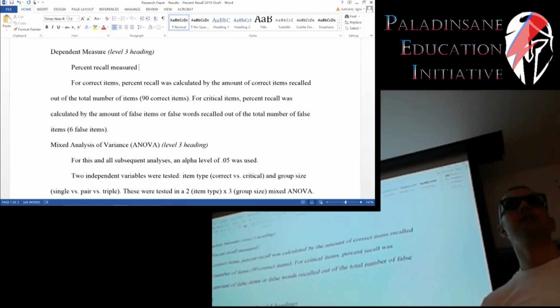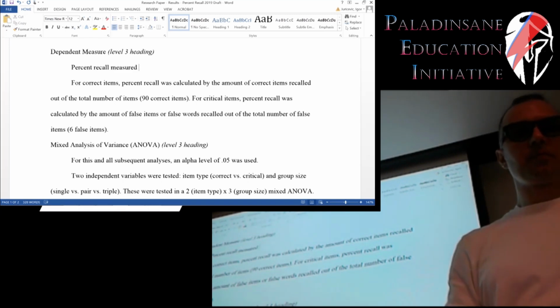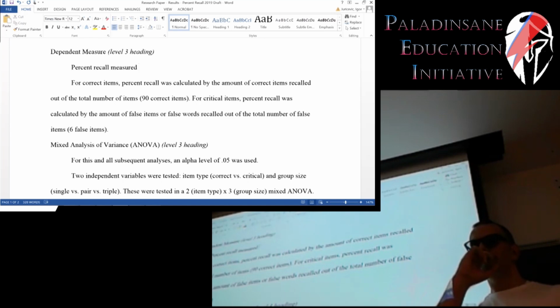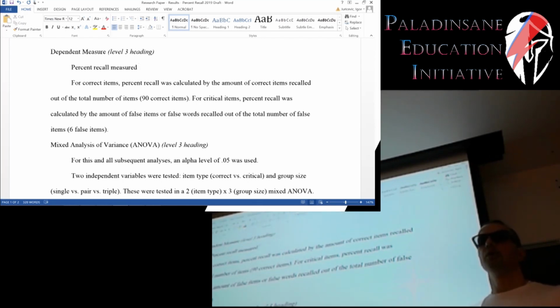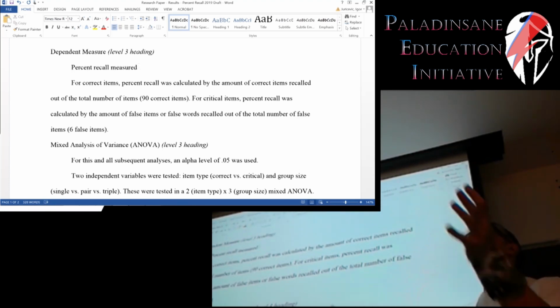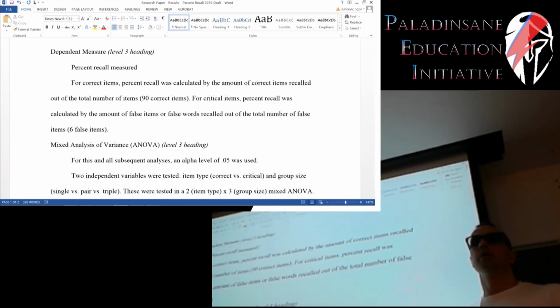So we did measure real memories and false memories, but we also measured real memories and false memories for confidence, because we had confidence ratings for real memories and false memories. But what's the characteristic of memory that we were measuring?